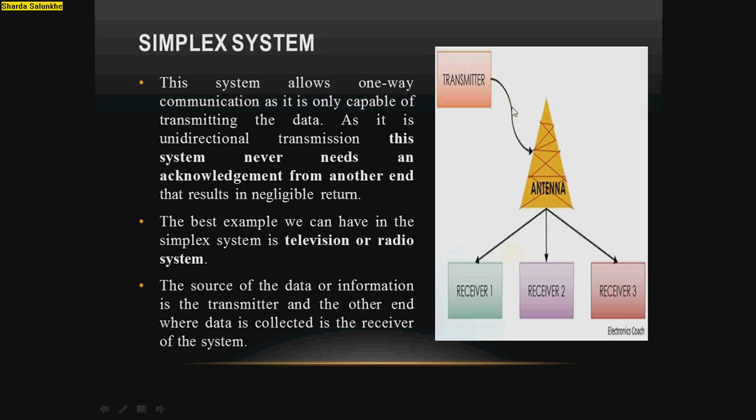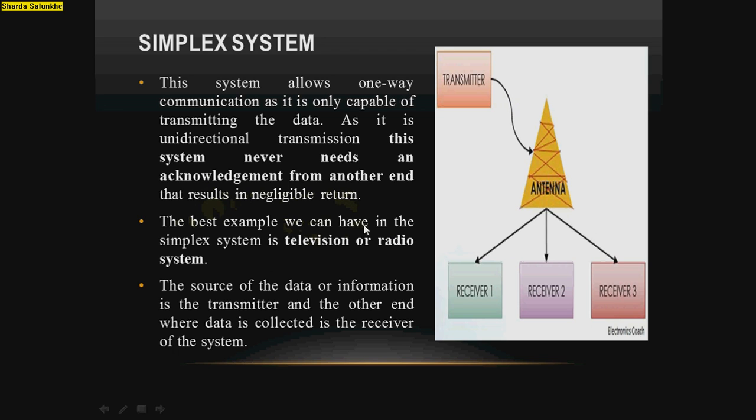That is the unidirectional system or simplex system. There is one transmitter and a number of receivers, and the receivers only accept the information. There is no acknowledgement or feedback, so the result is negligible return.